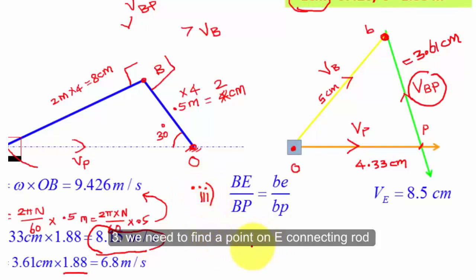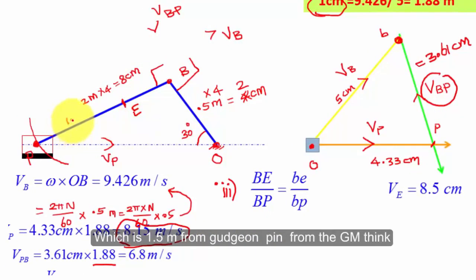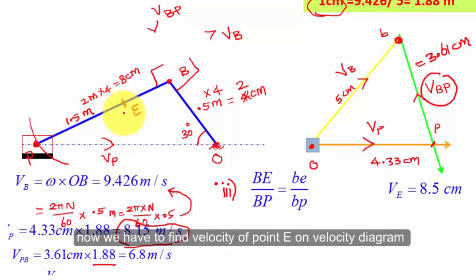Here we need to find a point E on the connecting rod. So this is point E, which is 1.5 meter from the gudgeon pin. Now we have to find the velocity of point E on the velocity diagram.